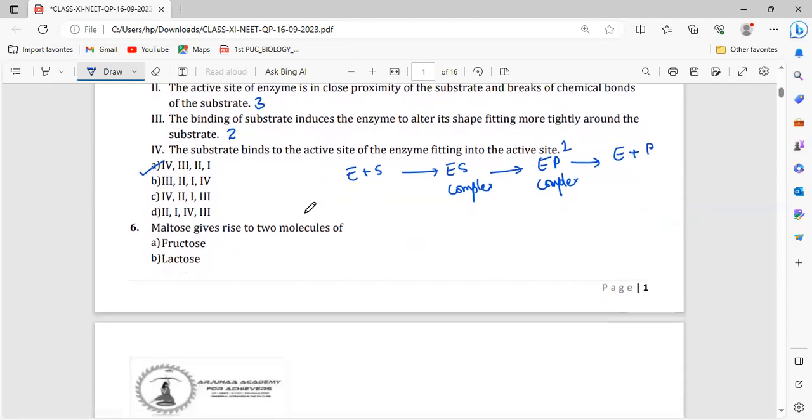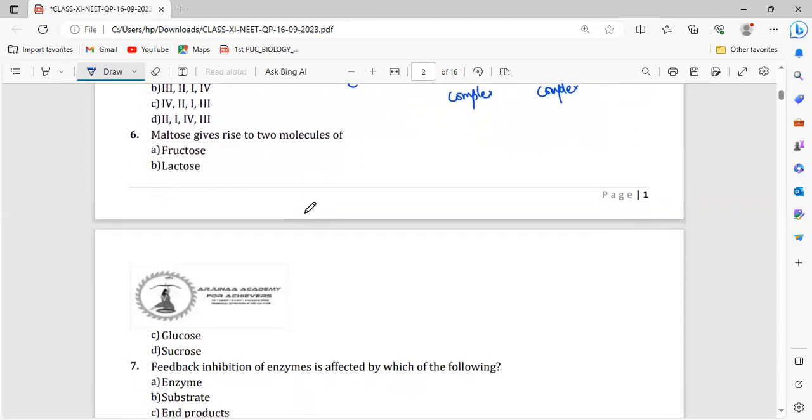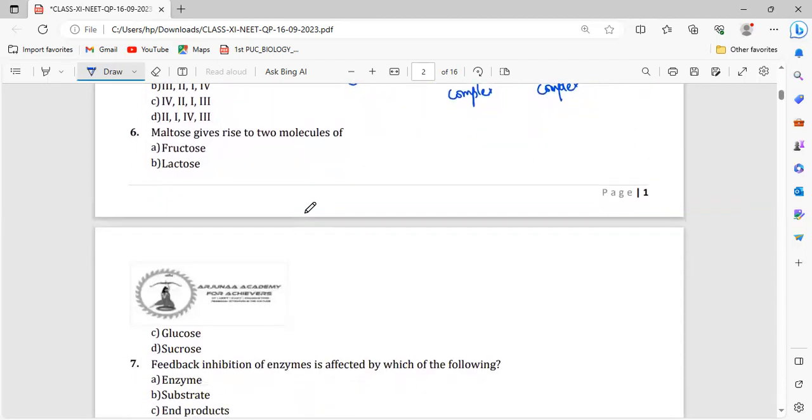Then sixth one, maltose gave rise to 2 molecules of. Maltose is a disaccharide. It contains 2 sugar units, and the 2 sugar units are glucose. So 2 molecules of glucose form maltose.